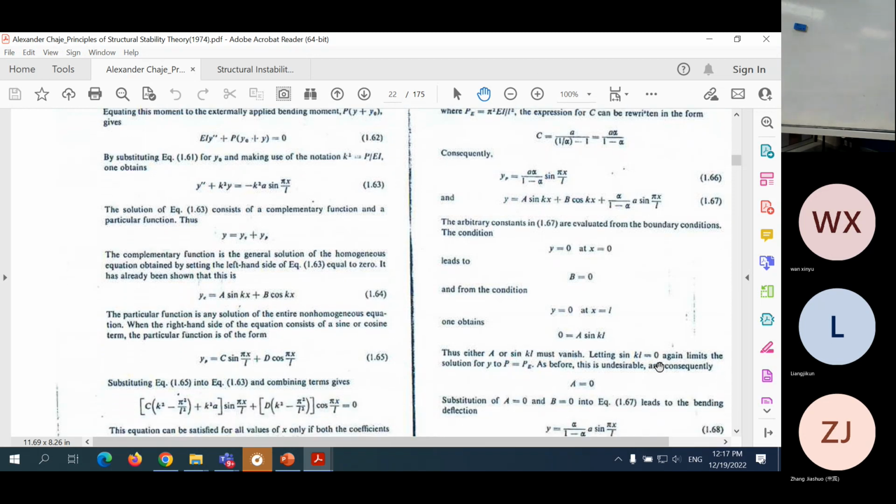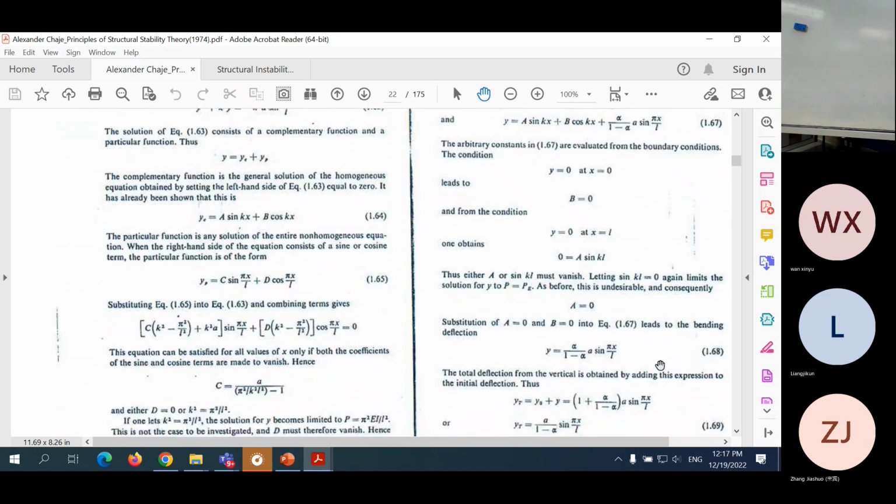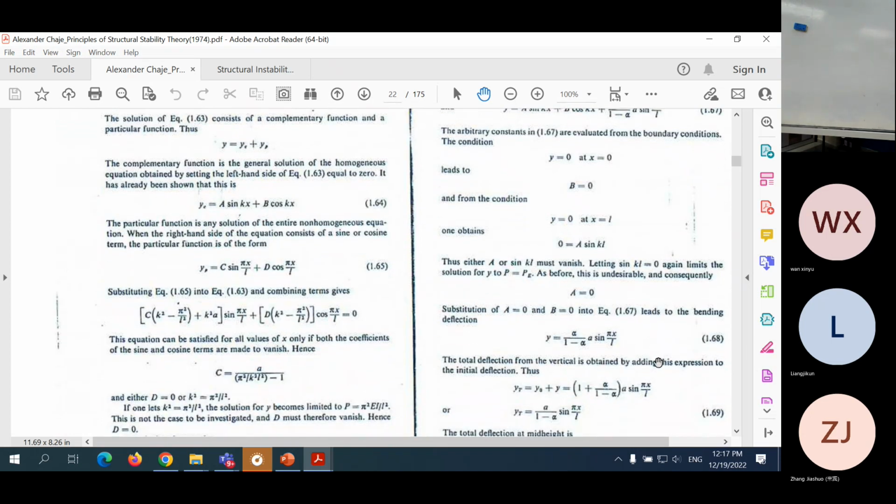So as a result, A is 0 and B is 0, so we come up to the conclusion that the solution to these equations that we have is only the particular part here. Because A is 0, B is 0, we get to this. Then we add to the initial shape, then we get the final shape, which I already shared with you in the notes.